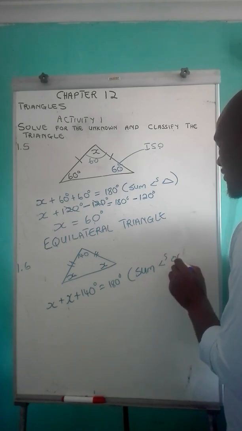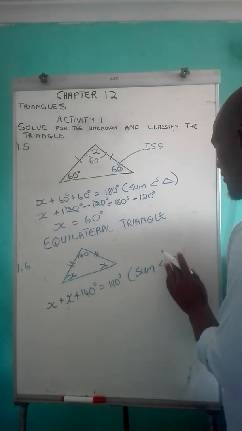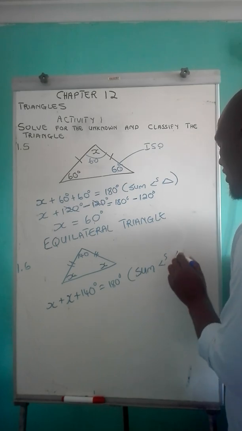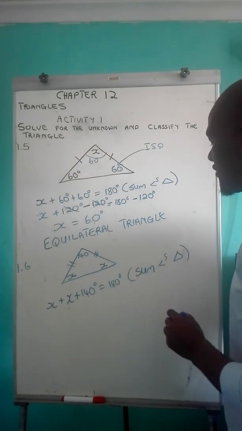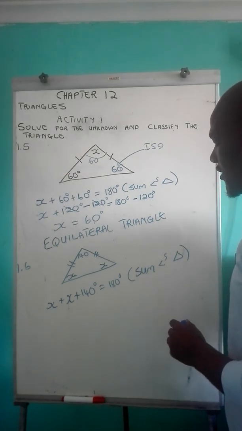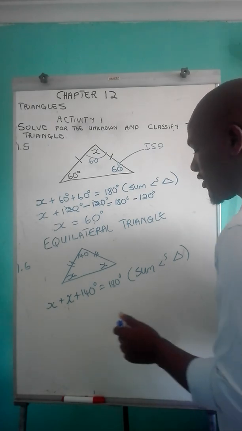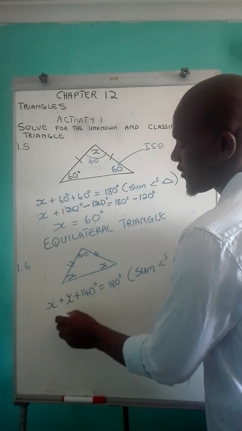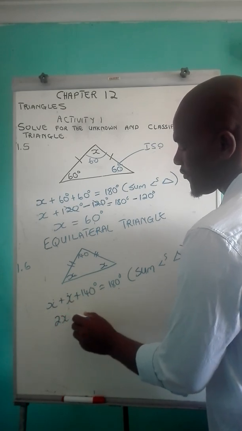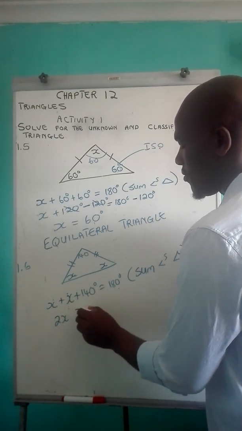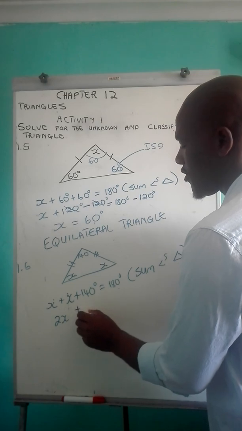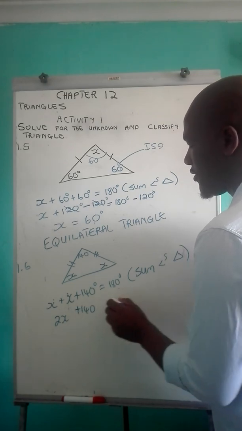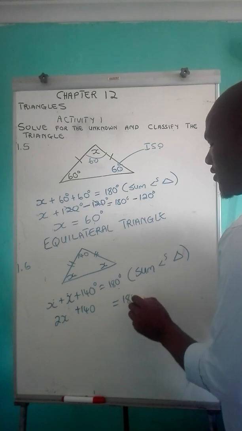Sum of the angles of a triangle, they are equal to 180. x plus x is 2x, which is equal to, oh, this is plus 140, equals 180.